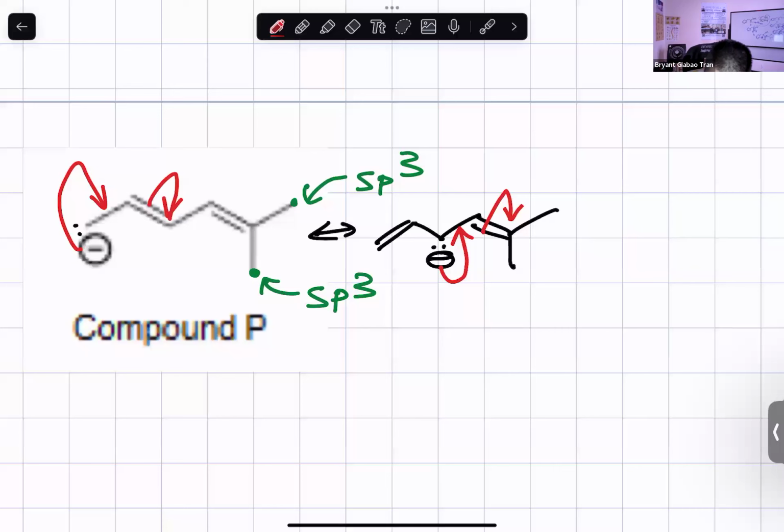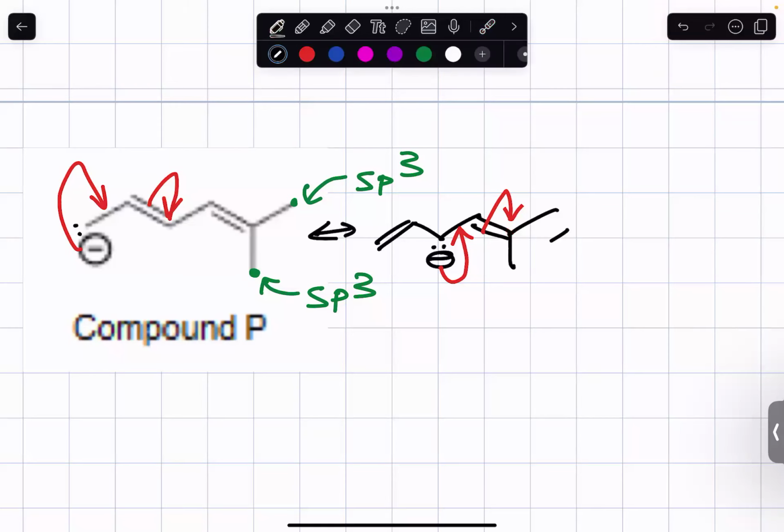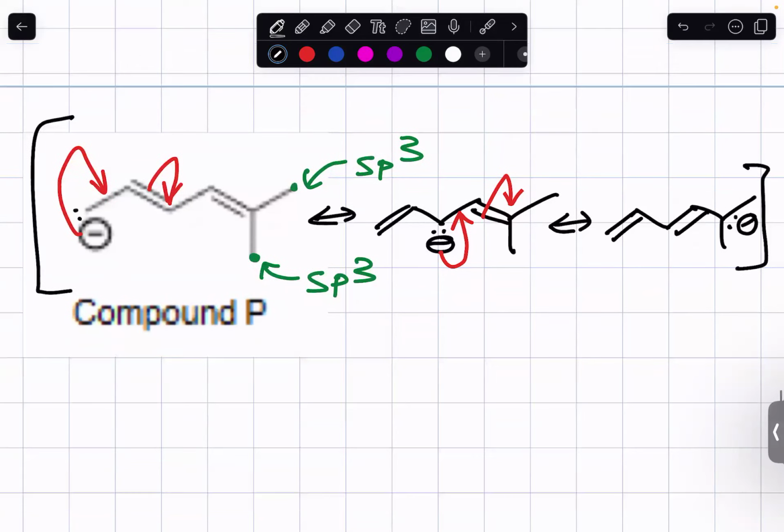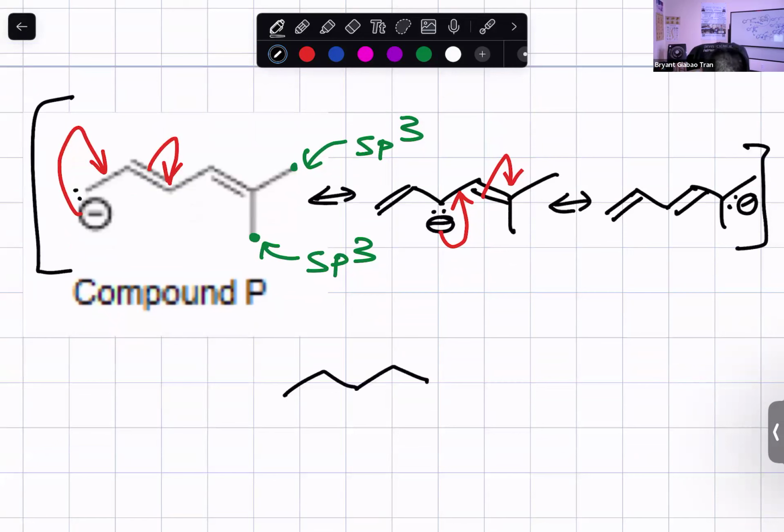Move over to make a pair of electrons on that carbon right there that it's attached to, like that. Okay. Right. And these are our resonance structures here, like that. So the resonance hybrid would look like this. Partial negative charge here, here, and here.